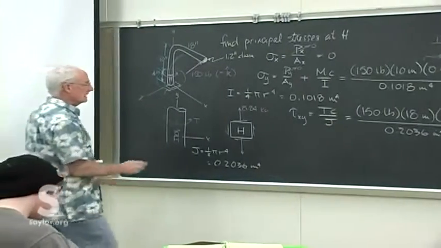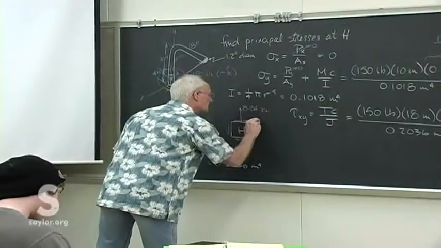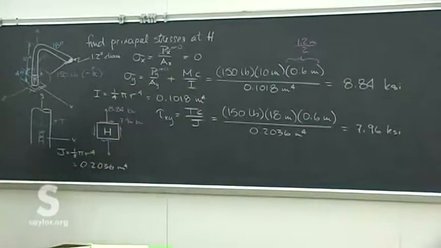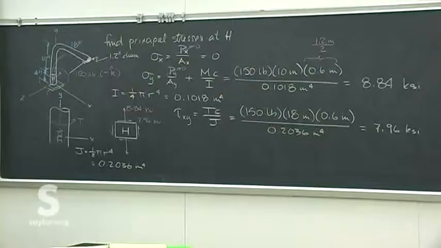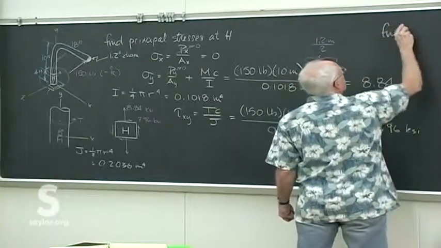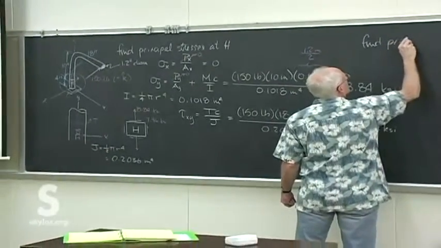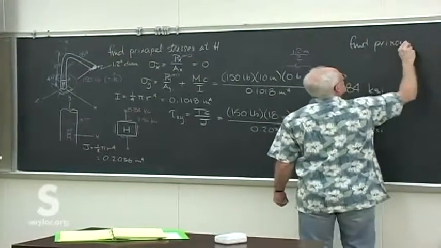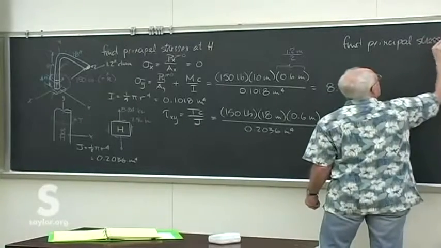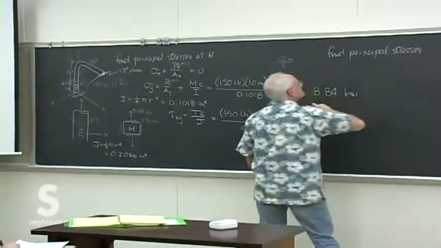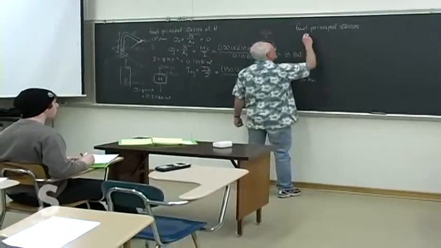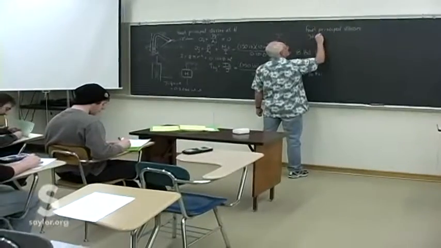That's your task, and we'll make that a get out of class question for the weekend. Find the principal stresses and their angles. Sometimes said find the principal planes. Sketch Mohr's circle.